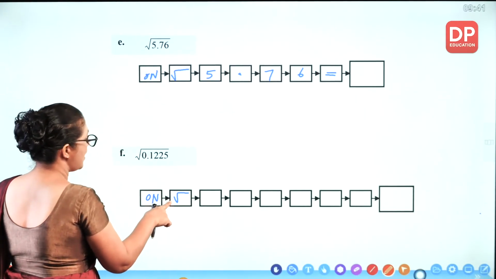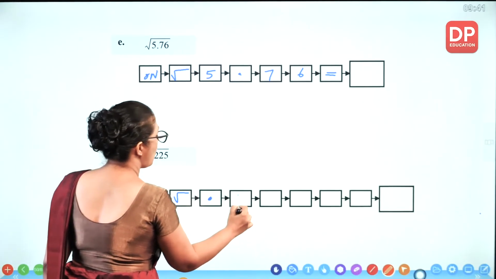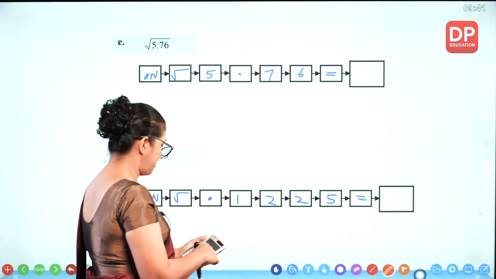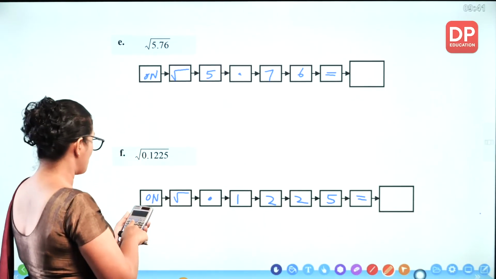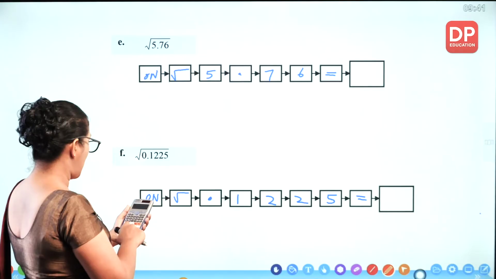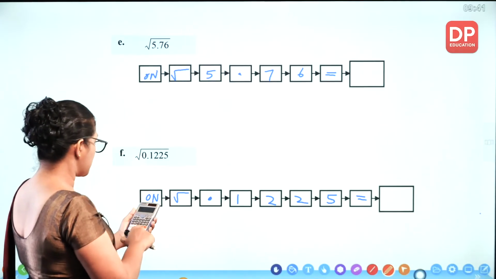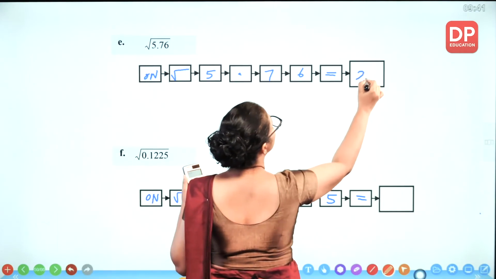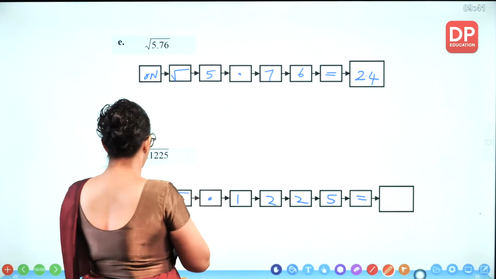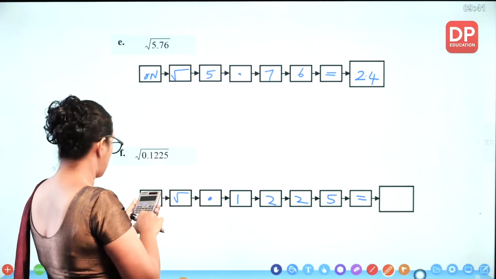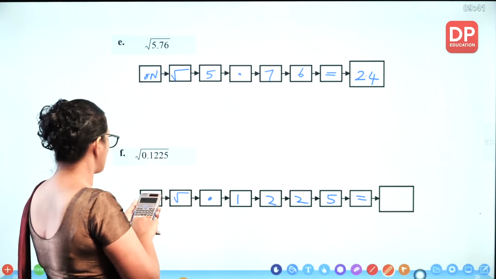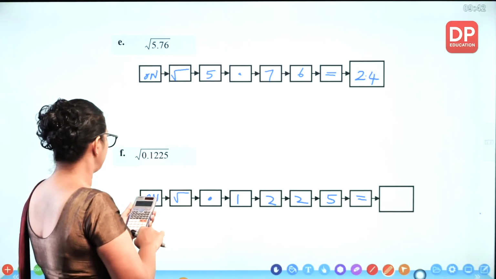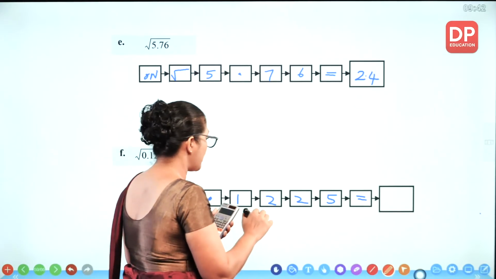So here you can write square root of 5.76 equals 2.4. Square root of 0.1225 equals 0.35.